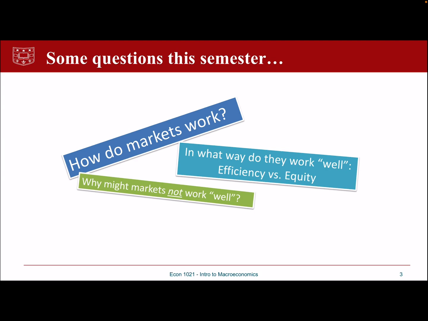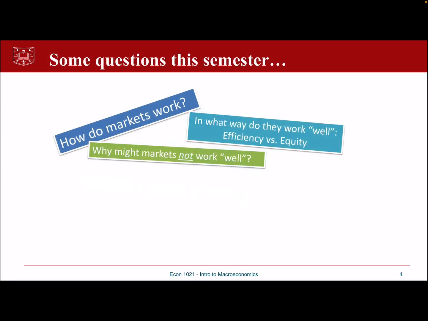We thought about why markets might not work well. So, why are there sources of market failure? Things like not perfectly competitive markets because of monopolies, single sellers, monopsonies, or because of information problems in the market. So, we talked about those kinds of things early on.